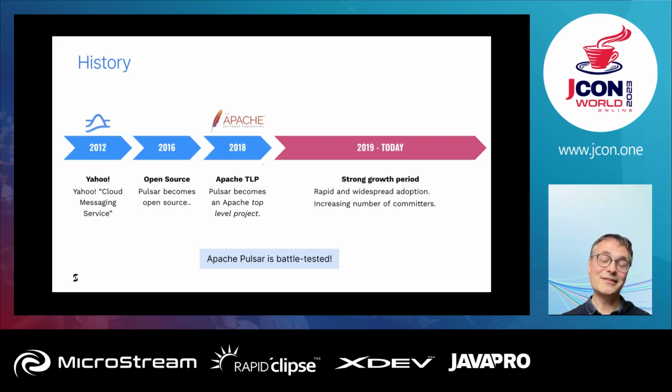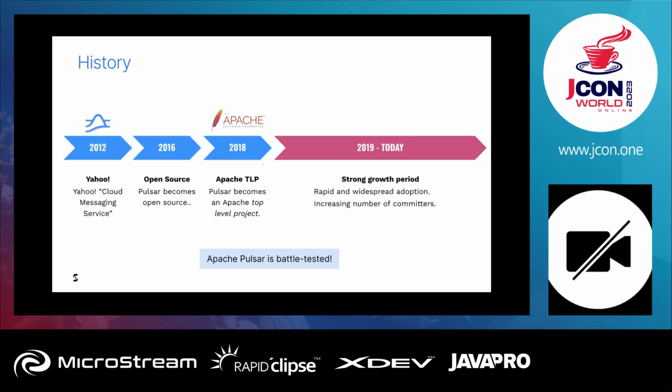It could be overkill. But if you are a big company that has to provide messaging and data streaming services for several parties, such as several departments, then Pulsar is ideal for you because of the multi-tenancy and all those features. Okay, yeah, thank you.